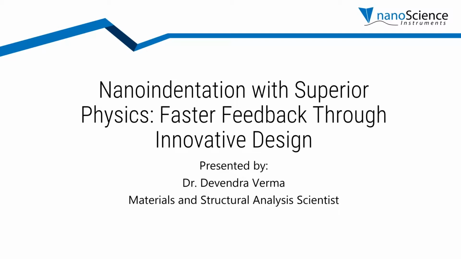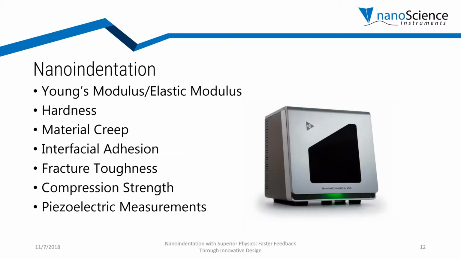So before we get into the main presentation, I would like to talk about why we are actually discussing nanoindentation. In any kind of structural design, or when we are developing new materials, these are the few properties that are most important: Young's modulus, hardness, material creep, interfacial adhesion, fracture toughness, compression strength.